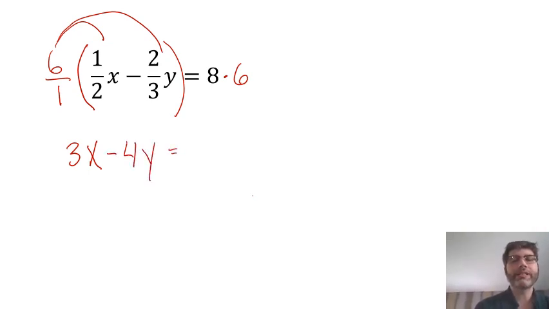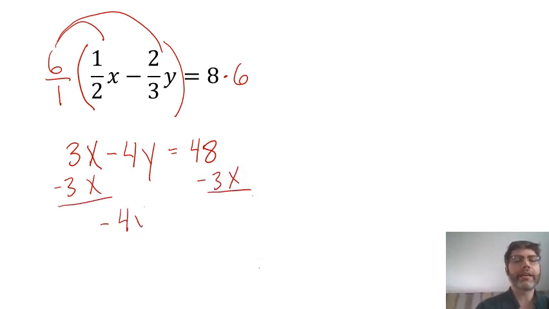And then on the right-hand side, 6 times 8 is 48. Okay, we get something that's more manageable. Now, we still need to isolate y. So let's subtract 3x from both sides. So we're left with -4y equals 48 minus 3x.